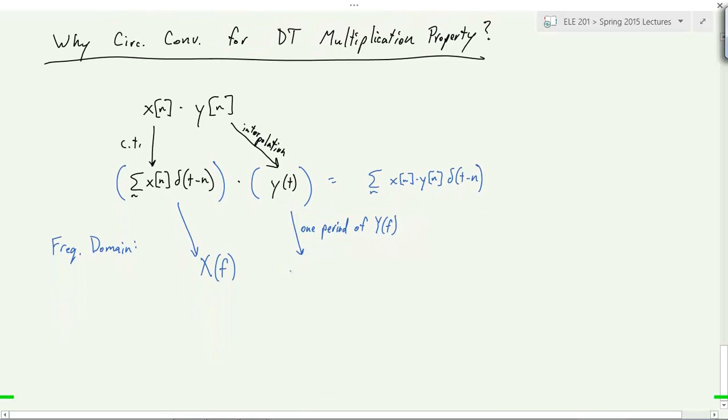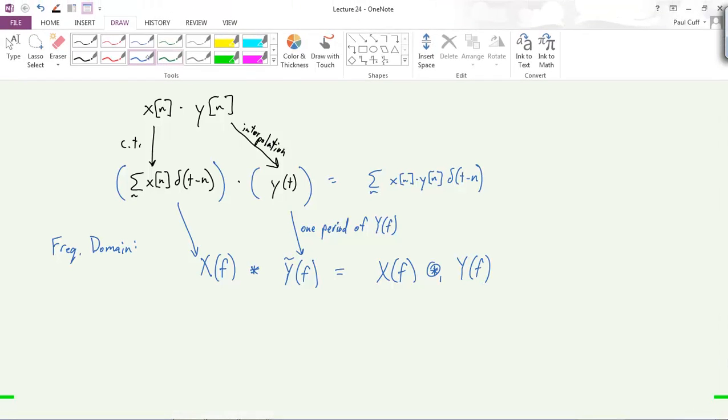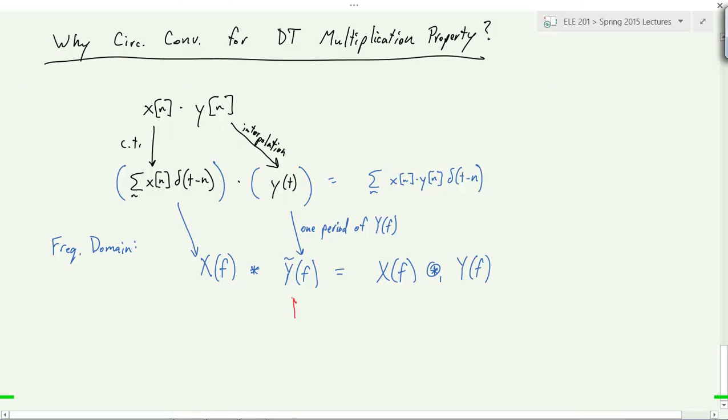I said at the beginning I used tilde to represent just one period, so let's use it here too. One period. Now we actually are doing convolution, but that is circular convolution. It's just what we called it above, one period of Y of f.